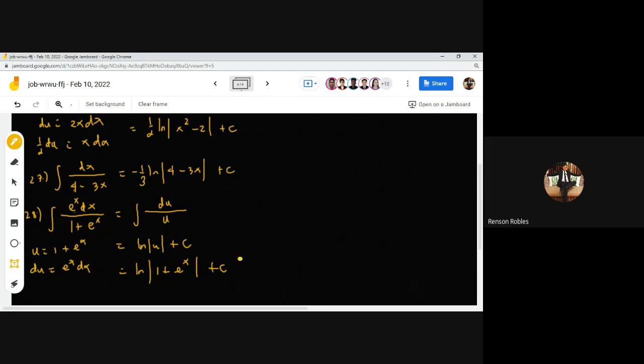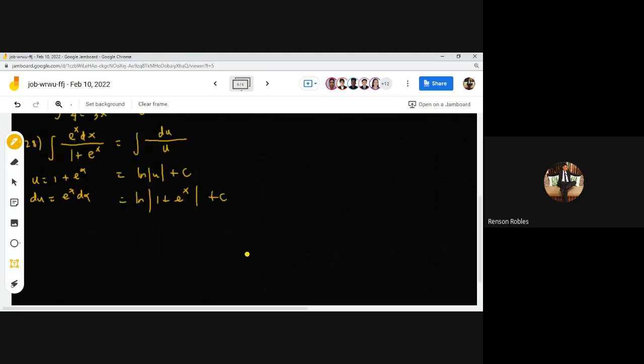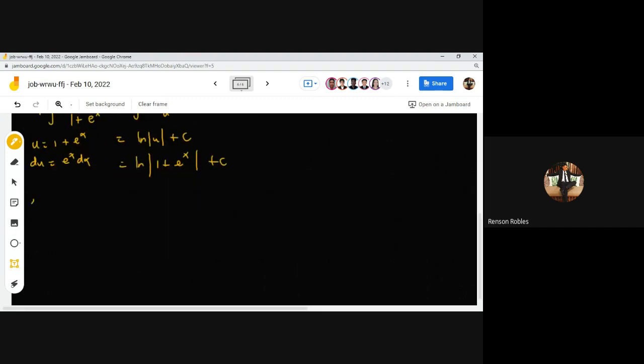Then we have 29. The integral of the square root of x dx all over 1 plus x square root of x.